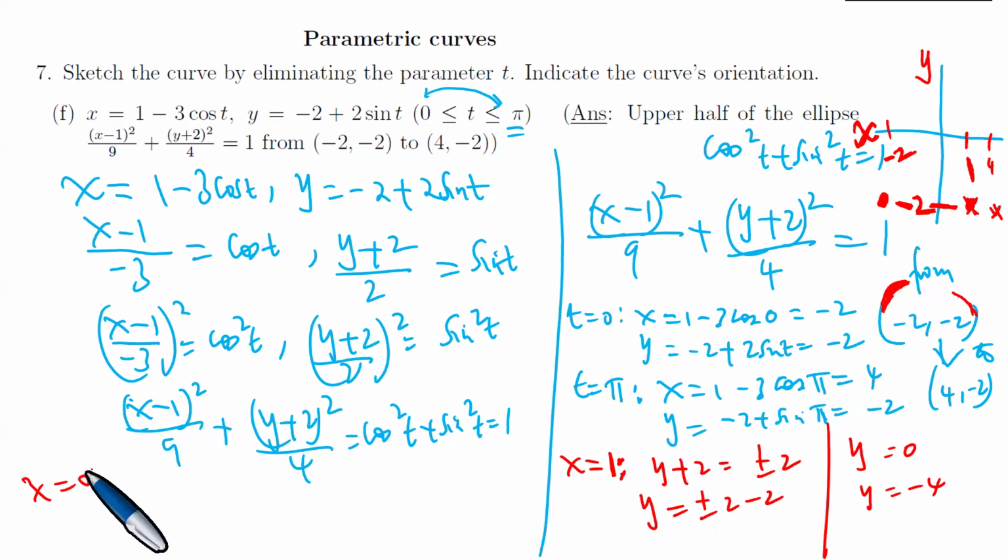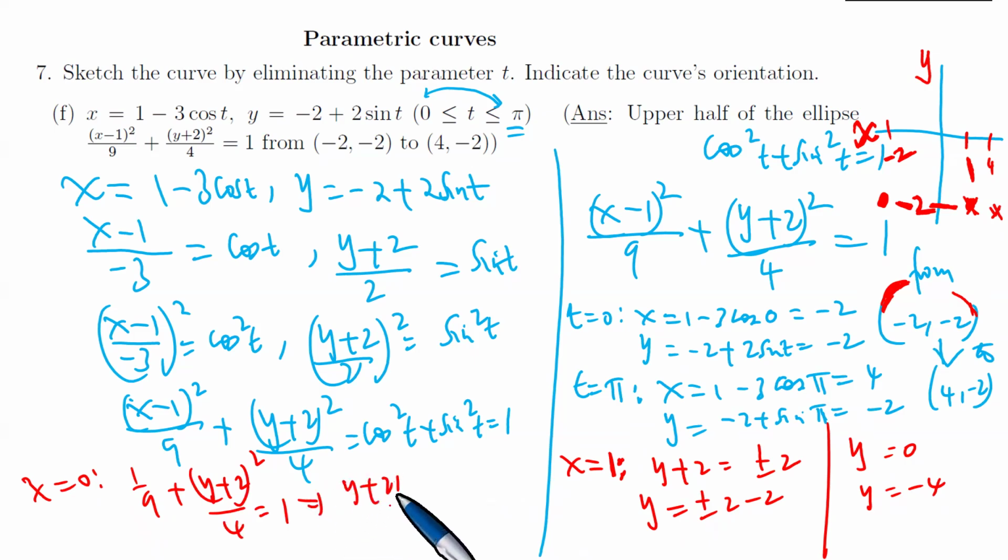Whenever x is 0, okay, 9, which is 8 out of 9.